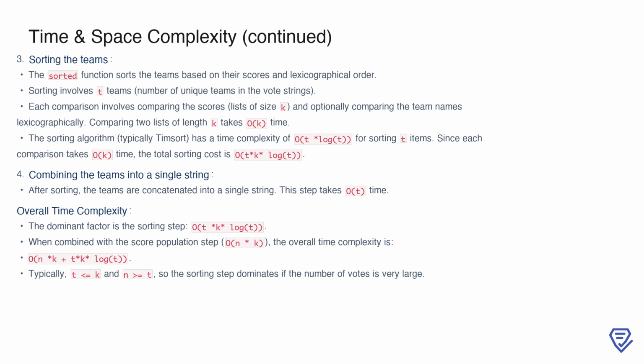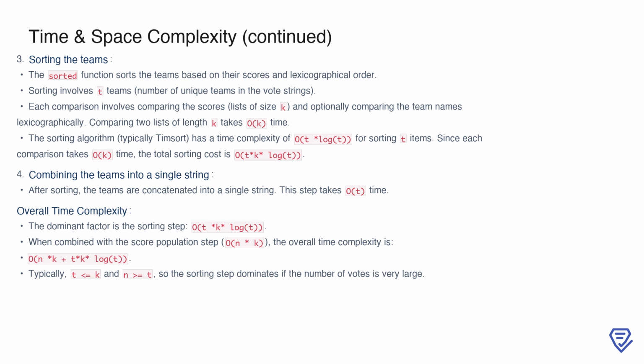The sorting algorithm, typically timsort, has a base time complexity of T*log T for sorting T items. Since each comparison involves k operations, the total cost of sorting becomes T*k*log T. After sorting, the final step is combining the teams into a single string. This step is straightforward and takes linear time, T, as we concatenate the T sorted team names.